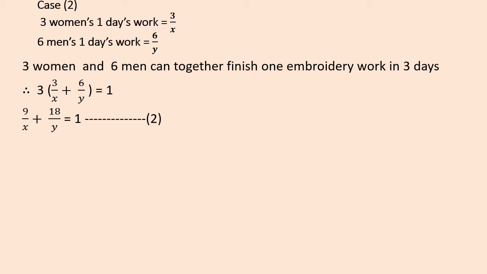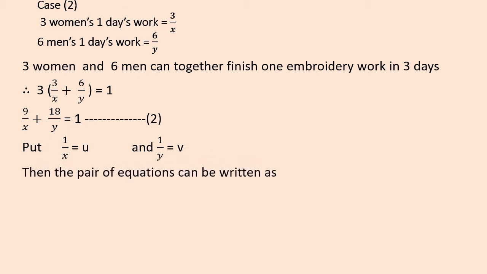Now equation number 1 and 2 you have to reduce to a pair of linear equations in standard form. For that you have to put 1 upon x equal to u and 1 upon y equal to v. Then equation 1 and 2 become 8u plus 20v equals 1, number the equation as 3, and 9u plus 18v equals 1, number the equation as 4.